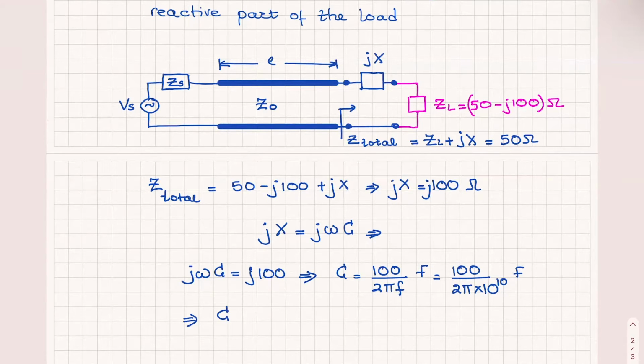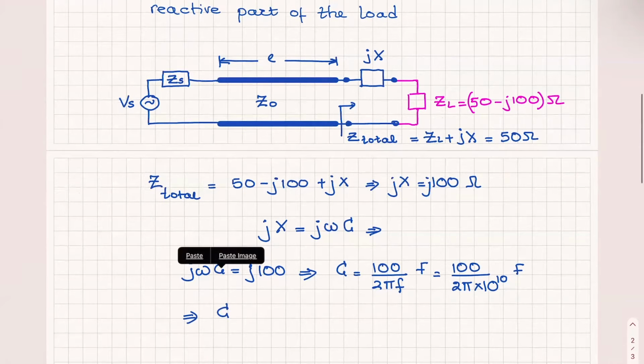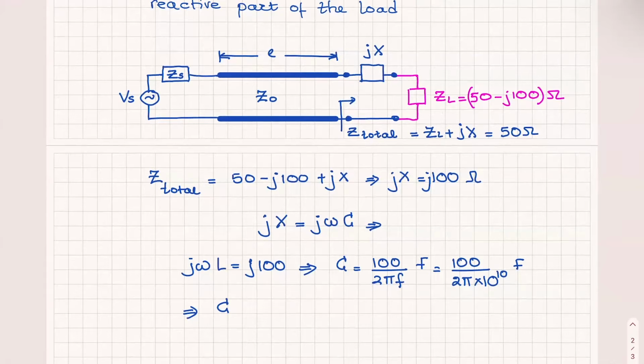So L is 100 divided by 2 pi times 10 to the 10. Do we have to use a capacitor? Oh, I'm sorry, an inductor. Why did I go to capacitor? I think my mind is somewhere else. So an inductor here, because it's positive.